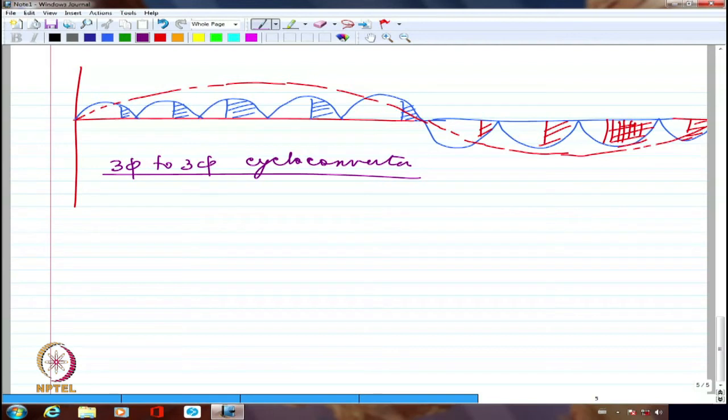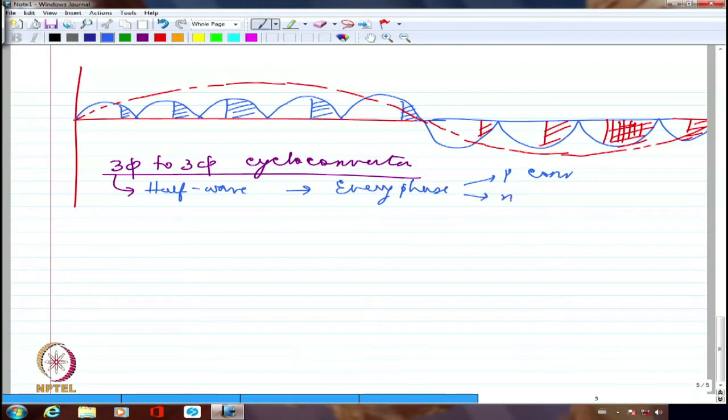If I talk about half wave, every phase will have one P converter and one N converter. And P converter will require 3 devices, N converter will require another 3 devices. So I will require 6 devices per phase.